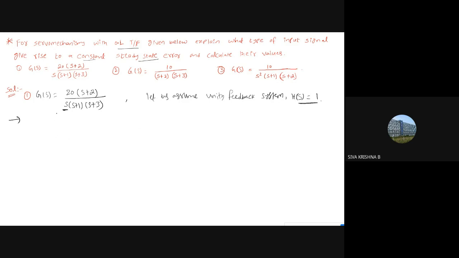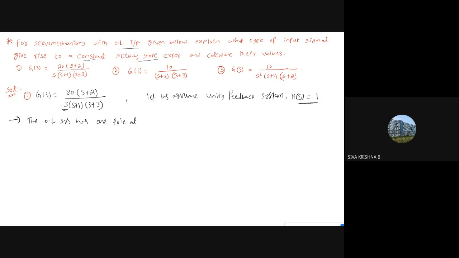That is why I said earlier: for the open loop system, write down how many poles are there at the origin. Origin poles, I am asking, not denominator poles. The origin pole means s; s plus 1 and s plus 3 are not at the origin.